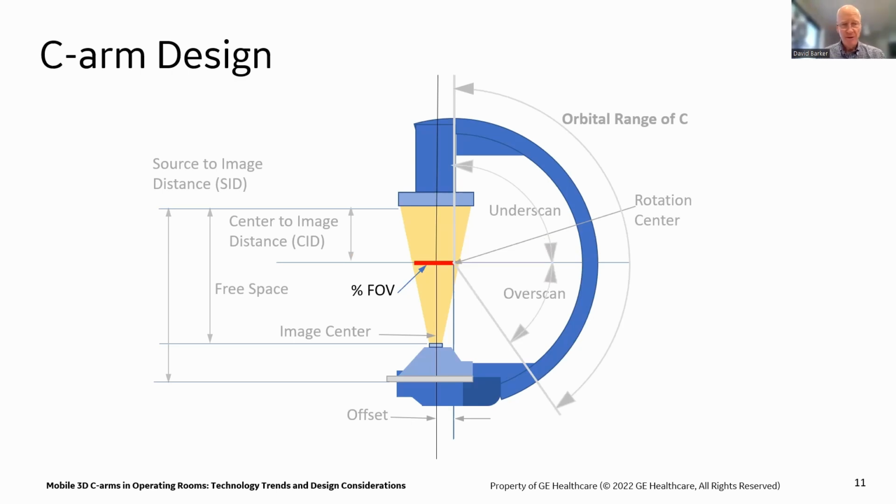This parameter, the percent field of view, is a really important parameter in understanding the differences between good, excellent, medium, or terrible 3D systems.